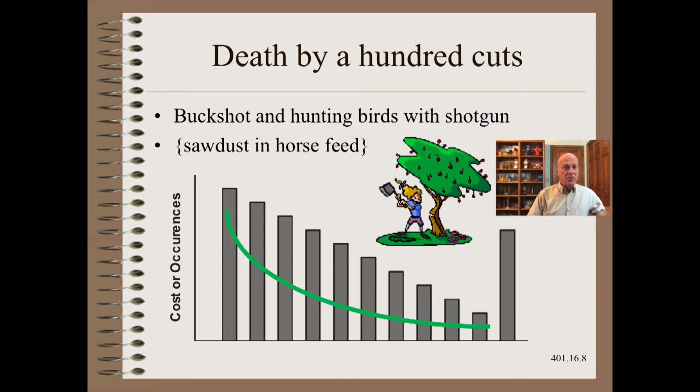Let me close with a situation you want to stay well clear of. It is probably best known by the saying, death by 100 cuts, though there are many other analogies and stories along similar lines.